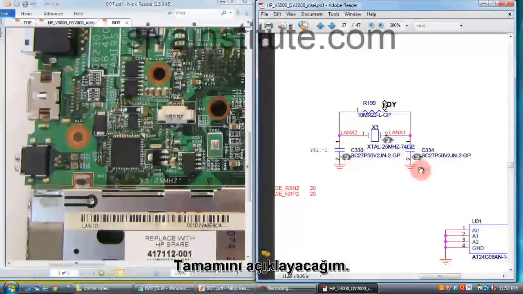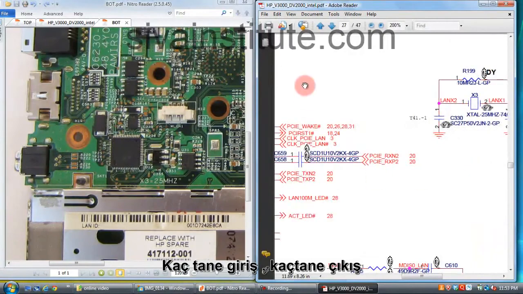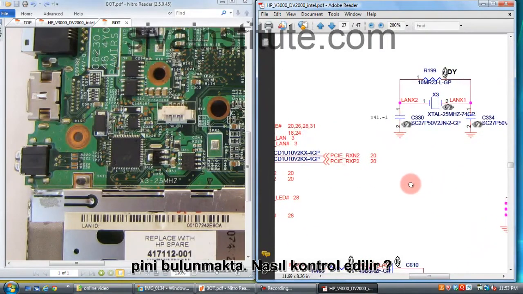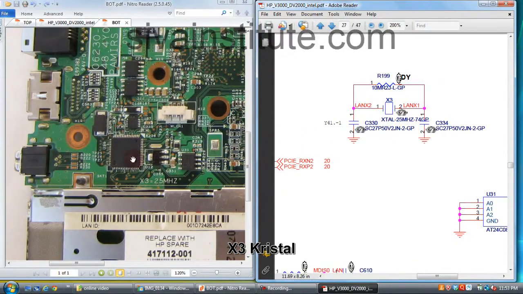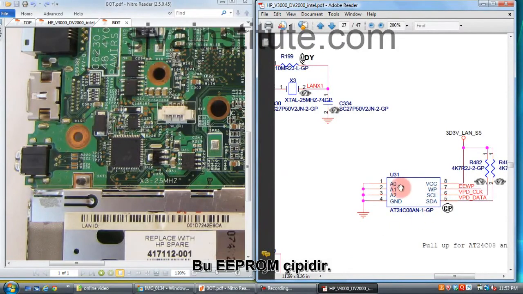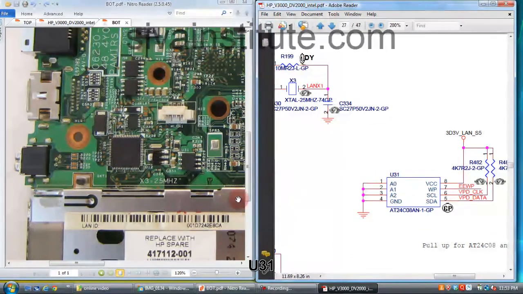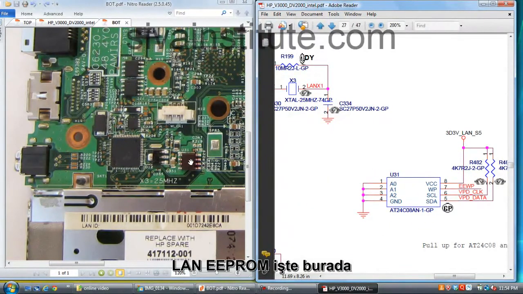Next I will explain how many inputs and outputs there are and how to check. That's why this is a 1 hour class. X3 crystal: see here, the X3 crystal, the LAN crystal. This is the LAN EPROM chip U31. See here, U31, the LAN EPROM chip.